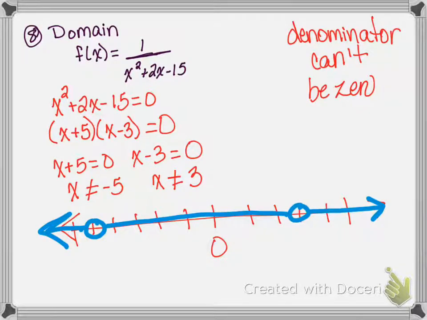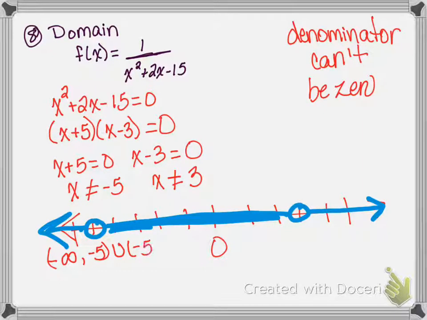So, the domain of this written in interval notation, and students usually get that negative 5 and positive 3 can't be x, but they mess up with the domain. So I write negative infinity to negative 5. I do not include negative 5. Union, then I've got to write this in between. That's what students forget to write, is the in between.